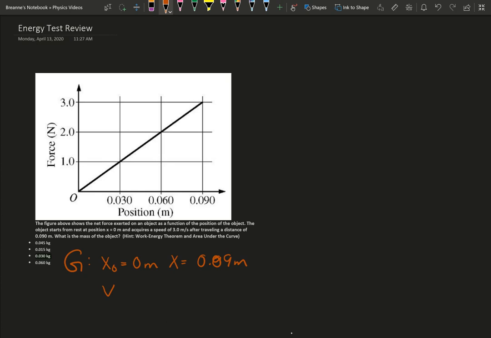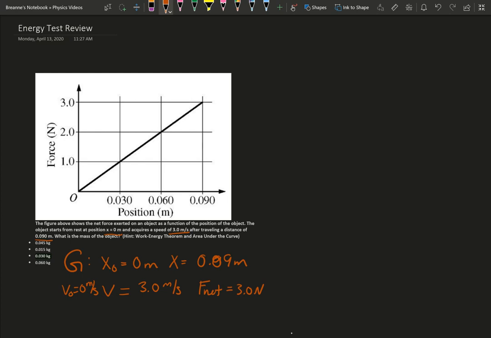Our final velocity is 3 meters per second, and our initial velocity would be 0, right? Because it's not moving at the beginning. And from the graph, we know that our final net force is 3 newtons.